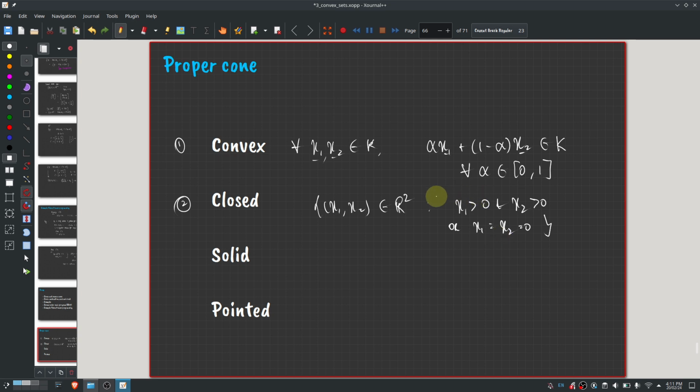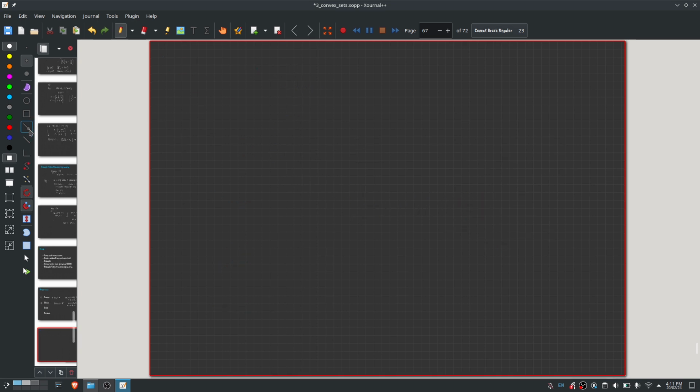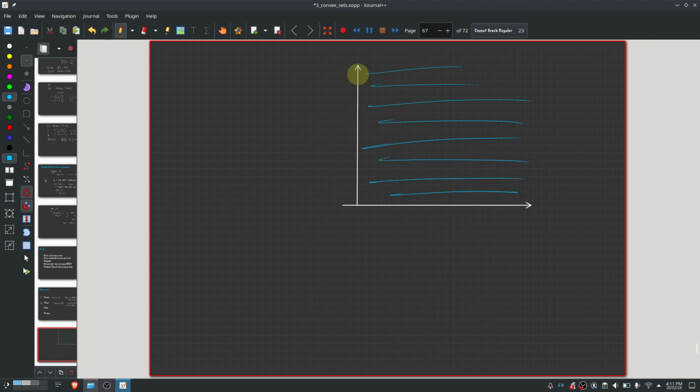Geometrically this corresponds to the first quadrant, but without the axes.